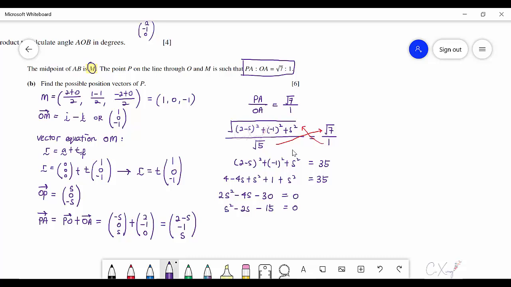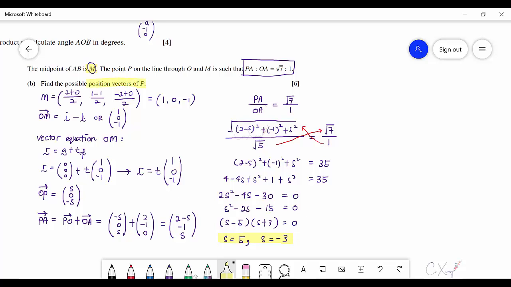From here, of course, you can factorize it to get the value of s. So you get s equals 5 and also s equals -3. We are very close to our answer already. They are asking for the position vector of P.